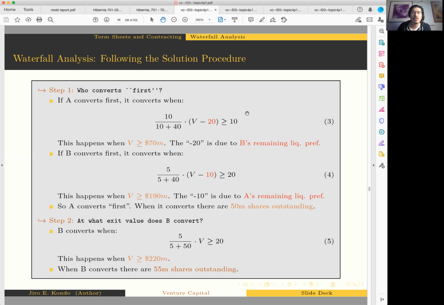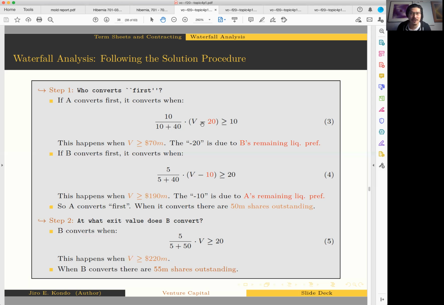So this is an important equation to follow, right? If I convert, I get 20% of V minus 20, because the 20 is taken by B first, because B still has their liquidation preference. They did not convert. So when is V big enough to justify this conversion?